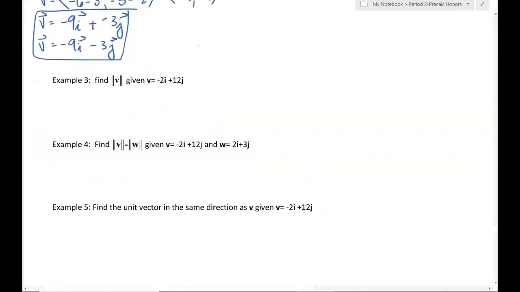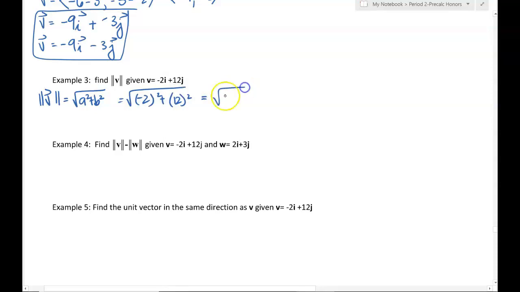Find the magnitude of v. As you know already, the magnitude of v was given to you earlier in the vocabulary, which is the square root of a squared plus b squared. Well, a is -2, so that's -2 squared, plus b is 12, so that's 12 squared. That's going to be 148, which we want to simplify.